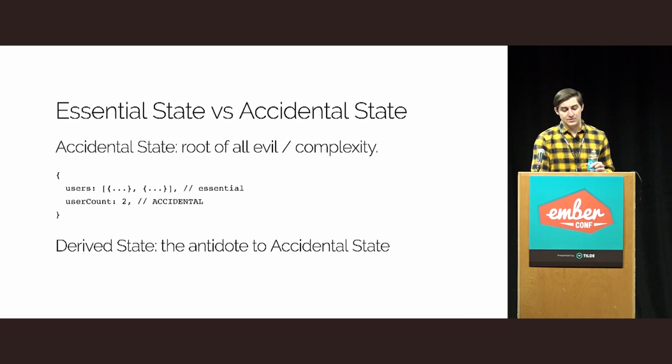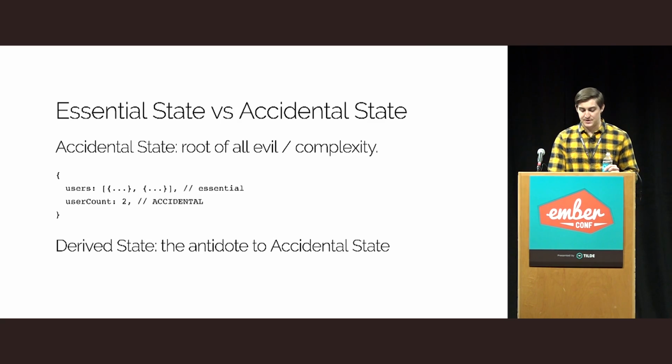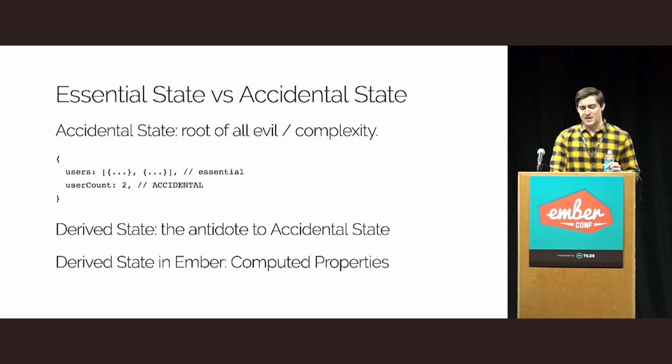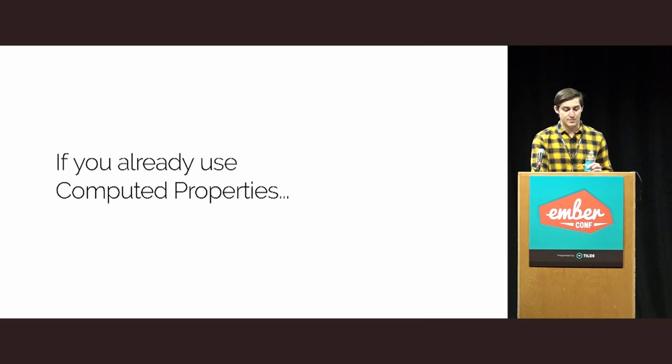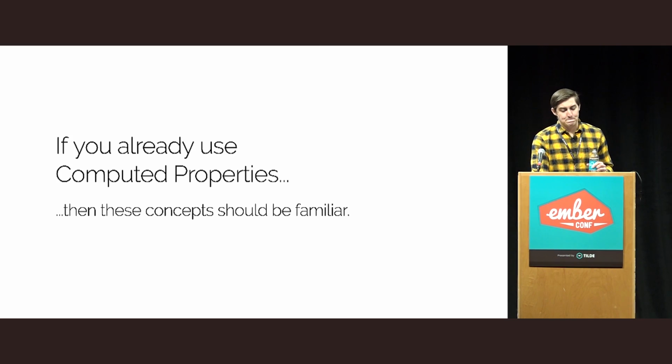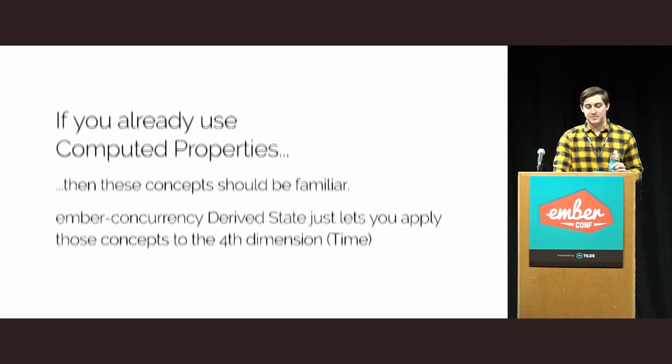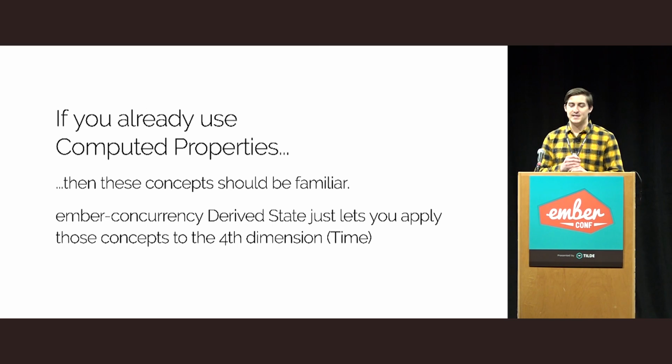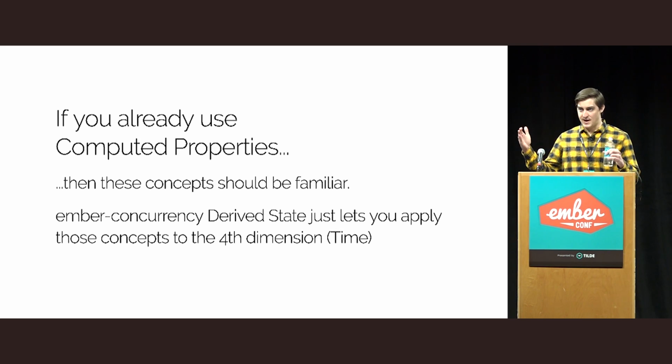And the antidote to accidental state is to use derived state, which is a way of recomputing the values that you need based on this bare minimum essential state. And in Ember, you probably have some experience with derived state if you use computed properties. So these should be familiar concepts. The only thing that's new about Ember Concurrency is that it pays due respect to derived state over time.